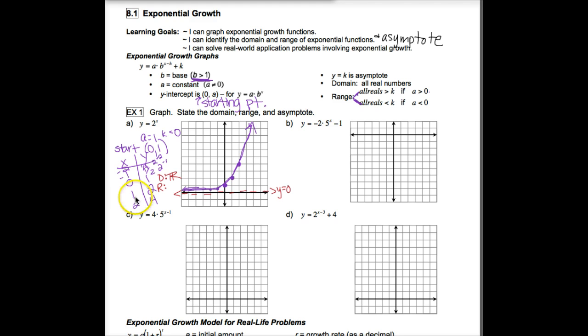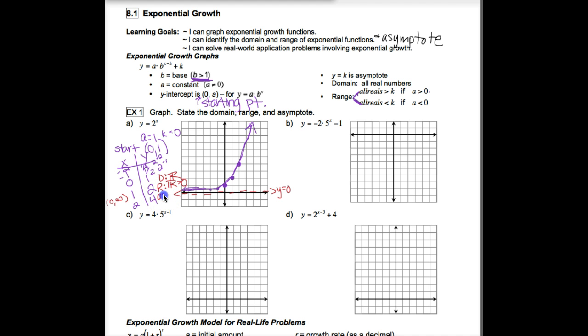So they're not reaching 0, but they are getting close to it on this side. And then on this side, they're getting bigger and bigger. Y is going up to positive infinity. So that means it's going to be all real numbers greater than 0. Or if you're using interval notation, it would be from 0 to infinity with a parenthesis, not a bracket.